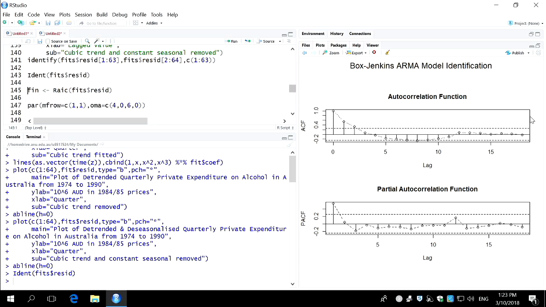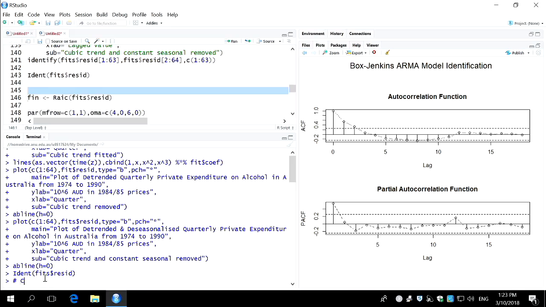The rule there is pick the last spike that's outside the dotted lines, and use that. So for this particular data, we can say two things. The ACF damps down to within the dotted lines.